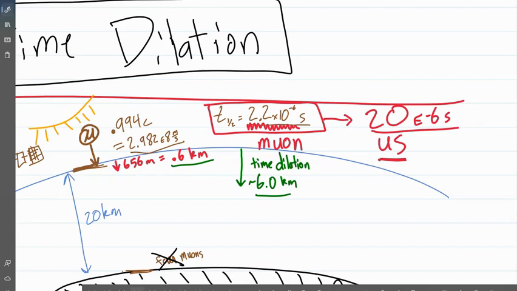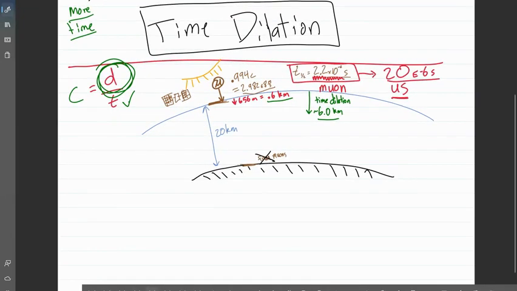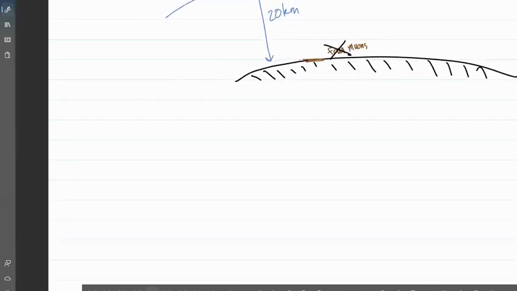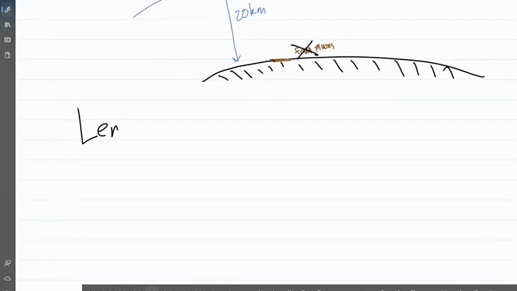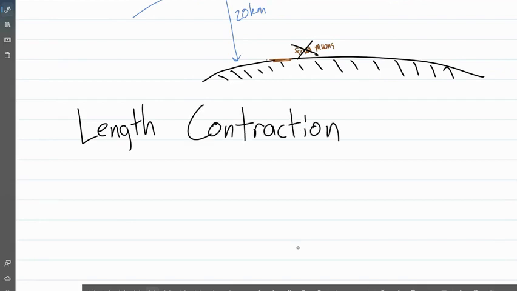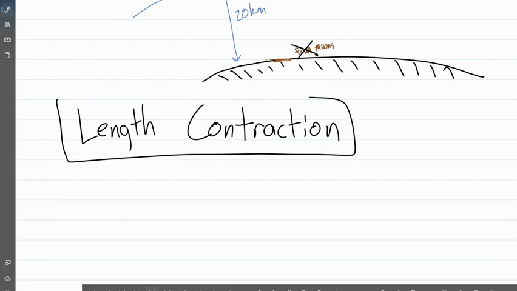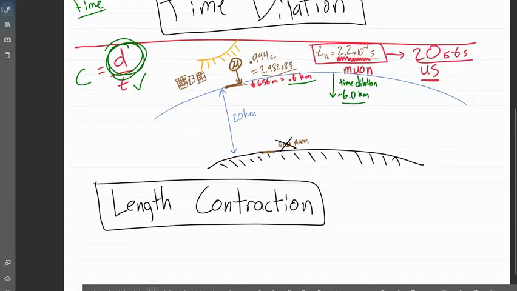So here is the next aspect of relativity. There is this thing called length contraction, and that is directly paired with time dilation.